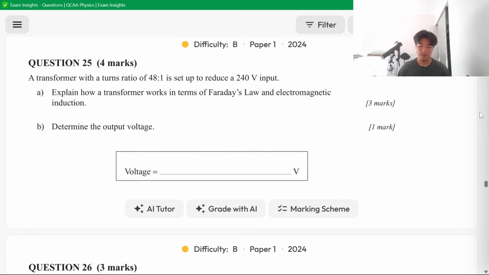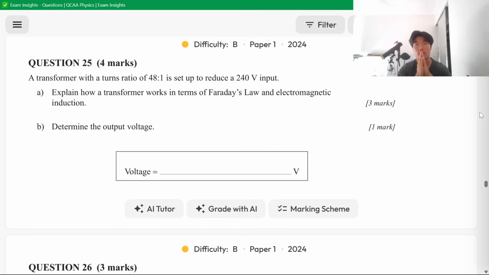that is directly proportional to the rate of change of magnetic flux. And then, how do you relate it to electromagnetic induction? I haven't revised too much on the definitions.